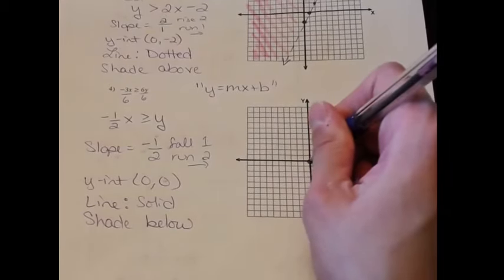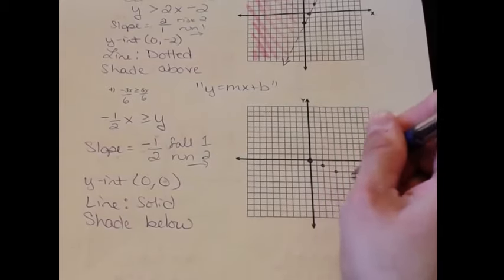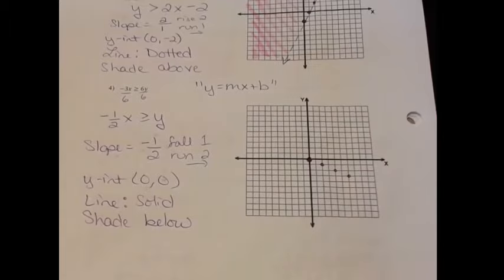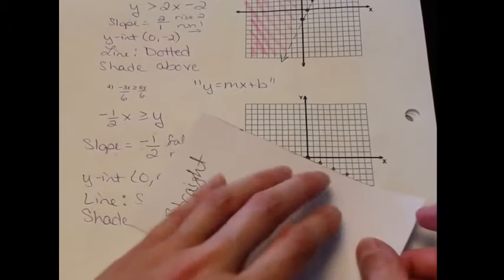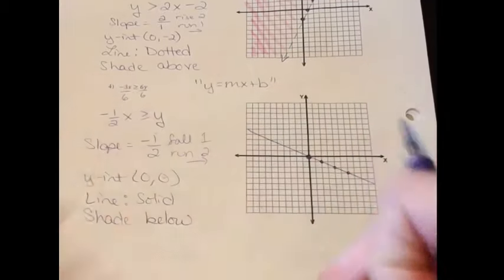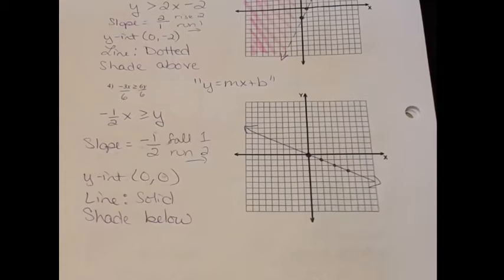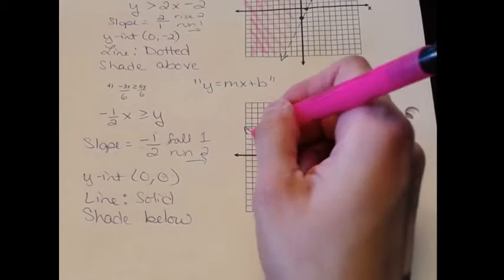Start at 0, 0. Down 1/2, down 1/2, down 1/2. We are going to draw a solid line here. And then we're going to shade below.